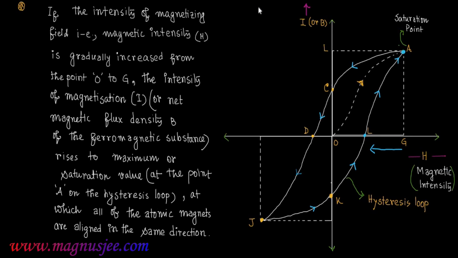If magnetic intensity H is increased from the point O to G, intensity of magnetization will increase along this curve OA, and A is the saturation point at which intensity of magnetization or net magnetic flux density acting in the ferromagnetic substance becomes maximum.